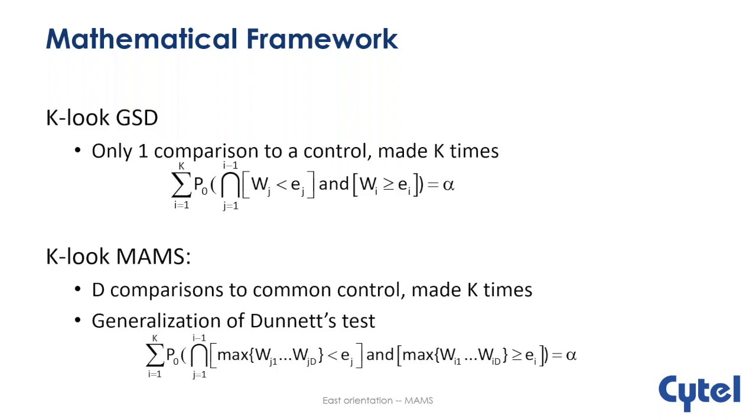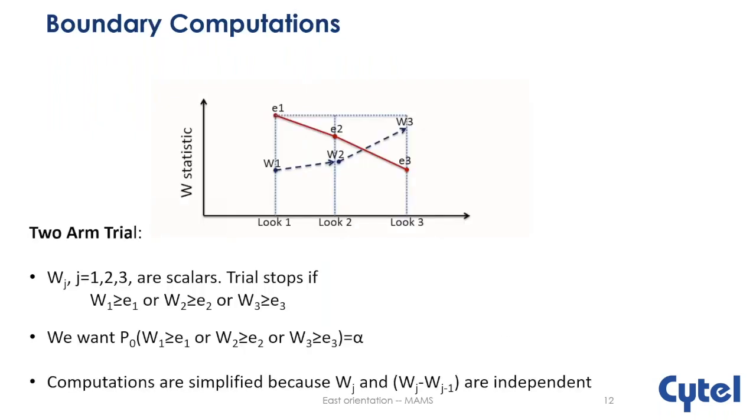And we want to see what is going to be the first time that it crosses the efficacy boundary, so that under the null hypothesis, the probability of this happening will be equal to alpha. If we were to graphically depict this in the two-arm case, the standard group sequential approach, where we have the score functions W, these are scalars, the trial stops either at the first look if W1 is above E1, or at the second look if W2 is above E2, or of course at the final look if W3 is above E3. And we want the chance of this happening under the null to be equal to alpha.